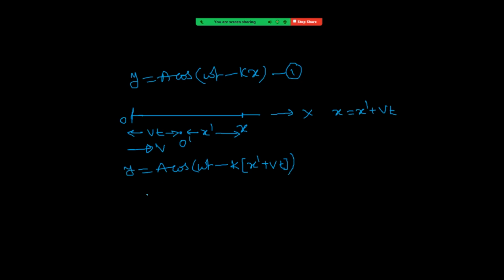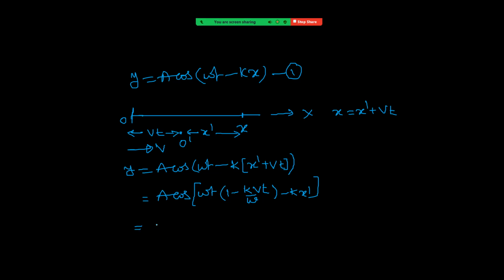If you want to rearrange, we can write this as a cos omega t, taking common, 1 minus k v t, I'm taking by omega here. See carefully, minus kx dash.